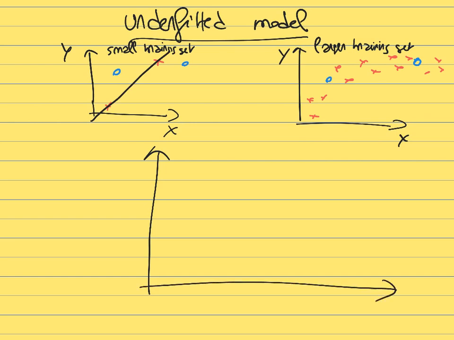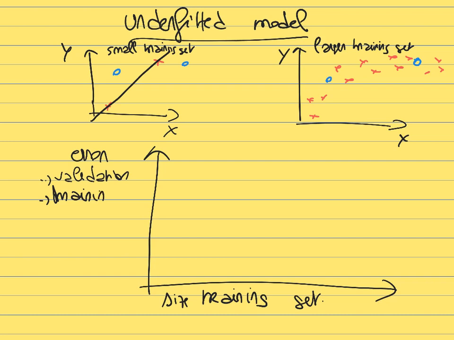In the learning curve, the x-axis is the size of the training set. That's what is changing. And on the y-axis, we are plotting the error of the validation set and the error of the training set.